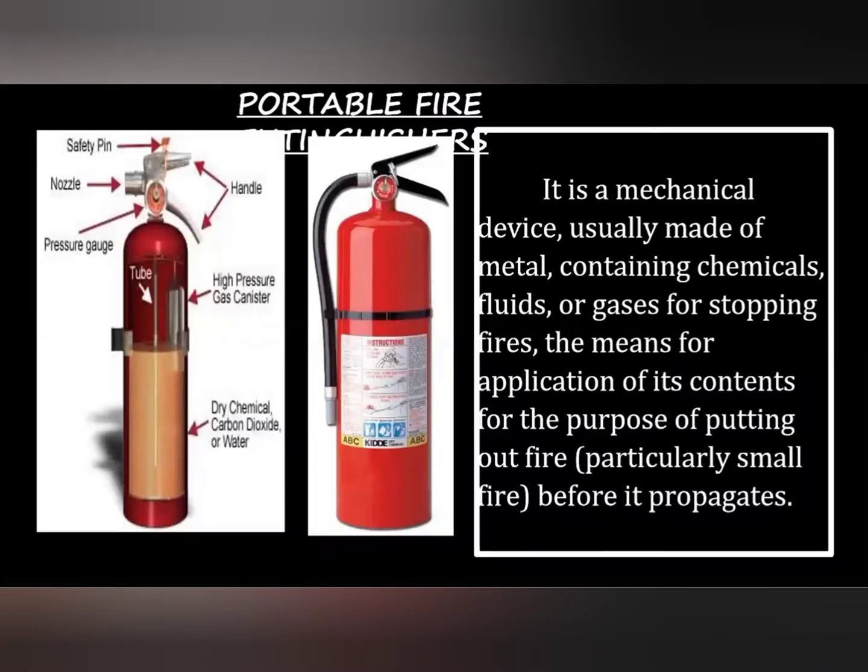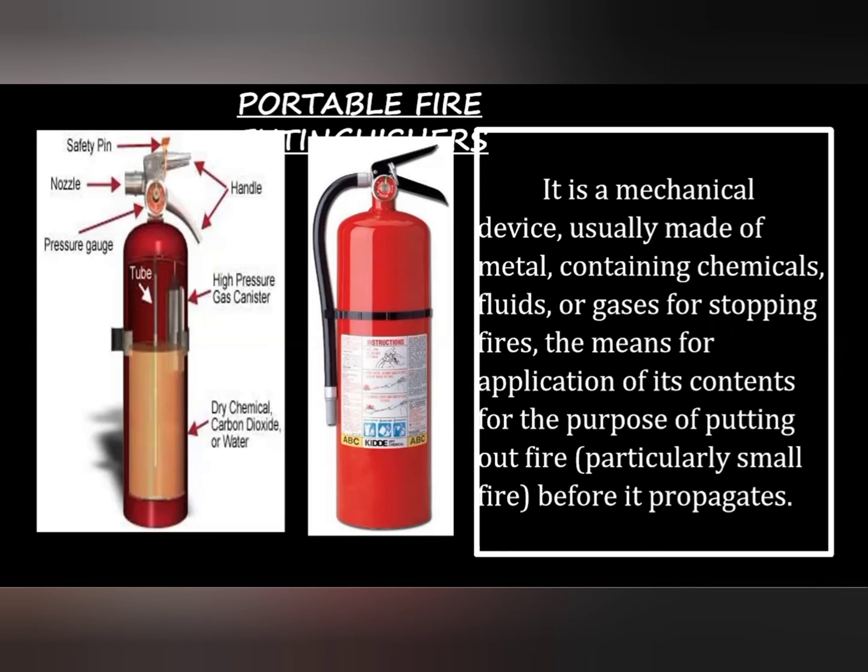Next, what is a portable fire extinguisher? When we say a portable fire extinguisher, you are able to carry and then use the fire extinguisher to extinguish the fire. So portable extinguishers are used as the first line of fire protection or when the fire is still small.